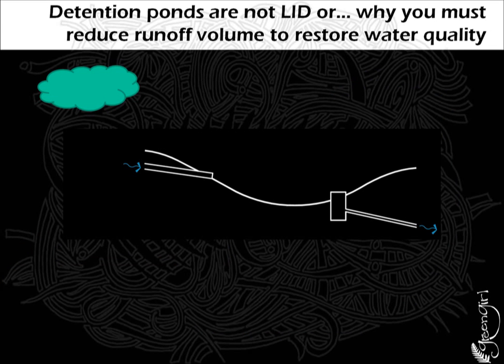So in the old days, and unfortunately the old days are still the new days, there are still agencies creating codes that are requiring detention, and only detention, and maybe not low impact development, although that is going to change very soon. Low impact development is coming down from the EPA as being required. But a lot of people don't understand the difference between low impact development and detention. So that's why I'm explaining it here.